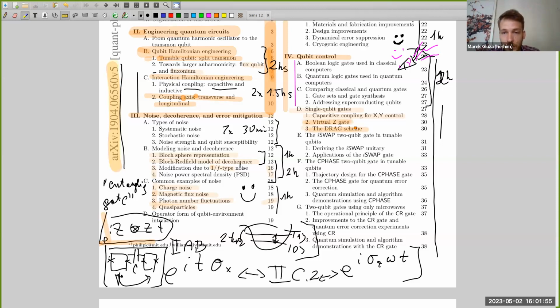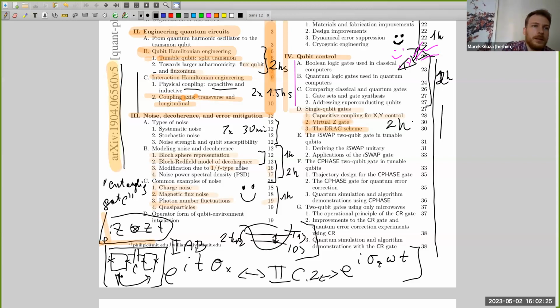In that sense, that's maybe also a nice perspective. If you want to be in the field of superconducting qubits, definitely something that you should try to understand carefully. We have 3 pages, but I will put 2 hours here because there's a lot of formulas there. And I think this is optimistic.